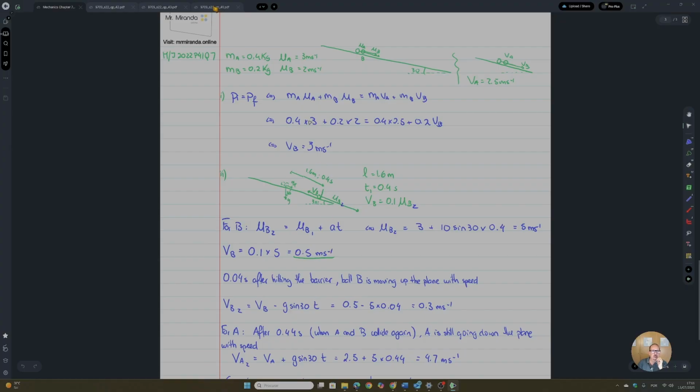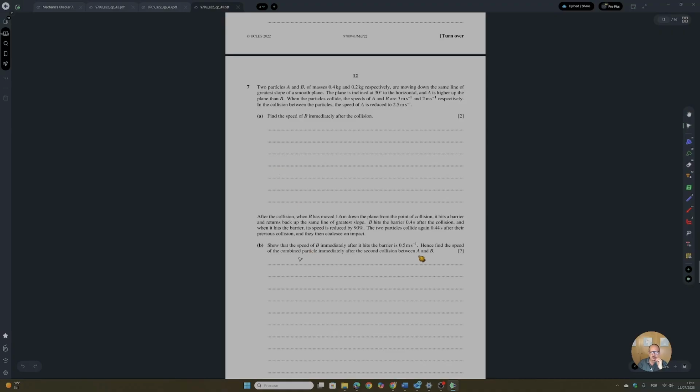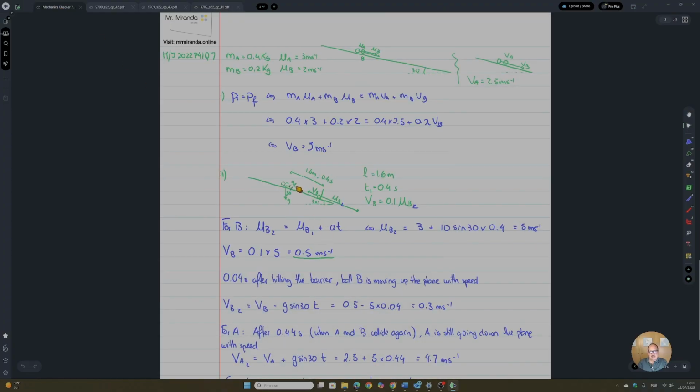Now, the second part of the question was asking you to calculate what? It was the speed of the combined particle after they coalesce. What is happening now? B hits the barrier and goes up, but A is still going down, so eventually they are going to hit again. This happens 0.04 seconds after B hit the wall.